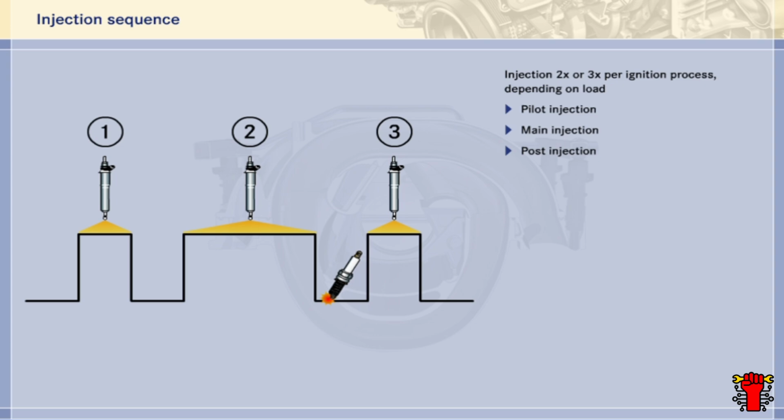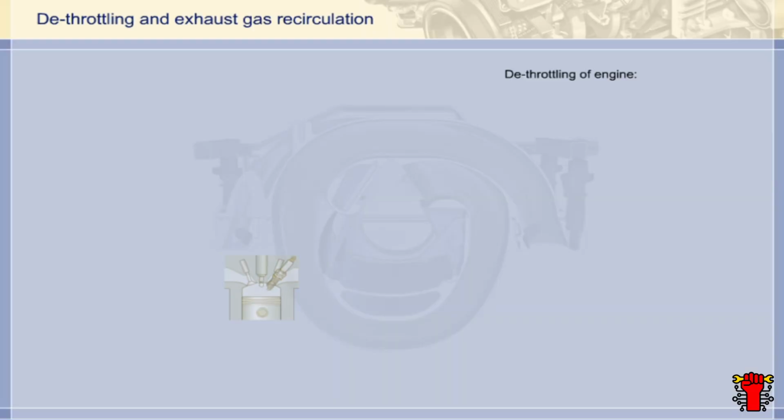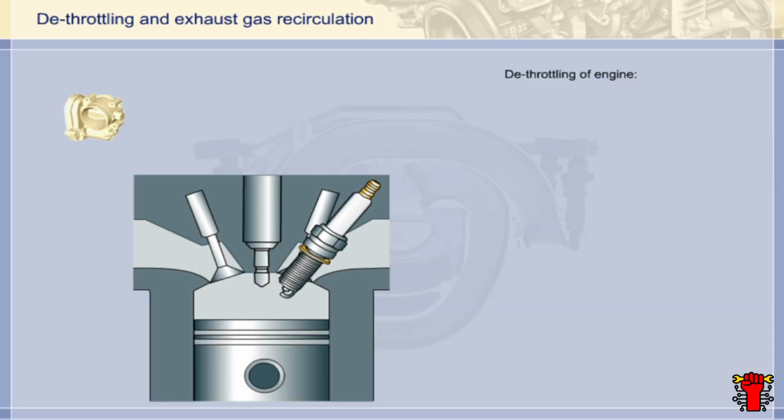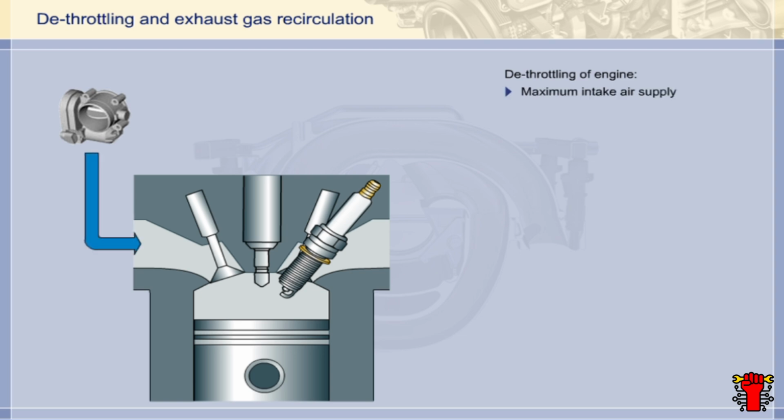The previously mentioned piezo injectors are required in order to achieve these very short injection intervals. In stratified charge mode, the engine is essentially de-throttled. The injection quantity is therefore no longer determined by the mass of air being supplied. This ensures maximum supply of intake air under all operating conditions.